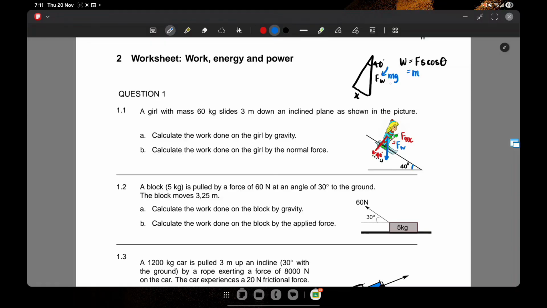We all know weight is mass times gravity. And the s will stay, but instead of displacement, we're going to use height because it's going down. Well, gravity usually goes down, but there's a horizontal component here. And the cos will turn into a sine.